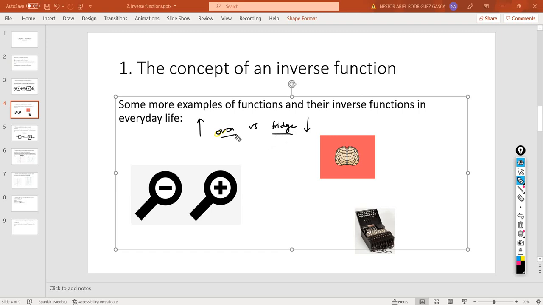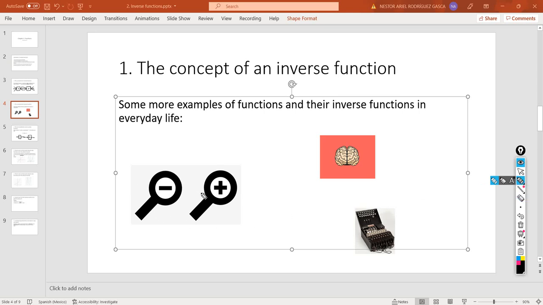And this type of behavior, the way in which things behave in the universe, pretty much follows this idea. For many things that do processes, we can find other things that undo those processes.